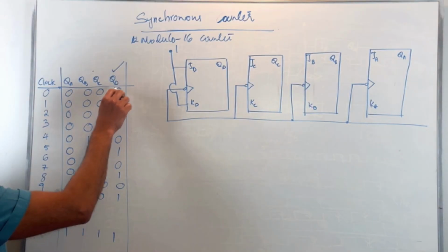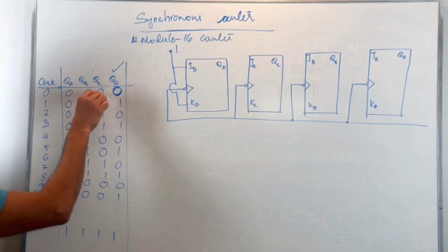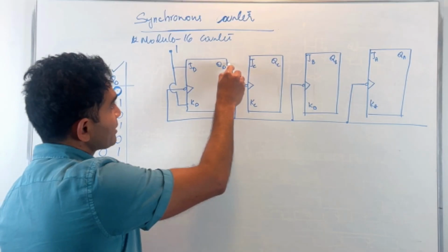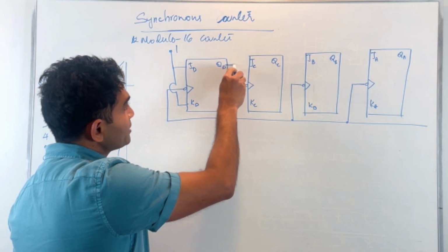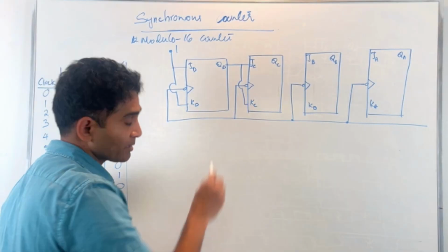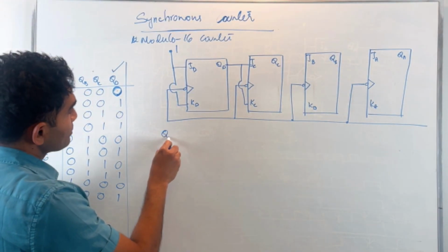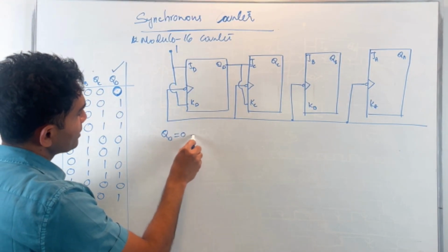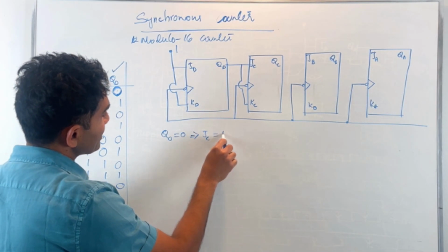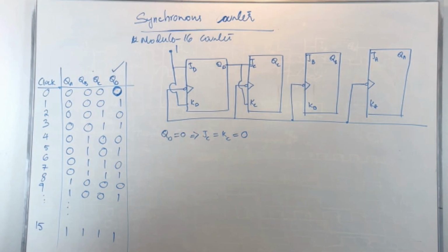How about applying QD directly to JC and KC? What will happen then? If I apply QD directly to JC and KC, something like that. When QD is 0, implies I'm applying a value of JC equal to KC to be 0, right?